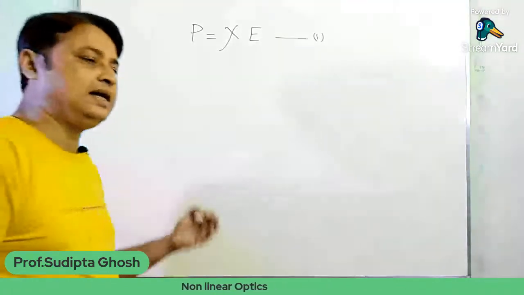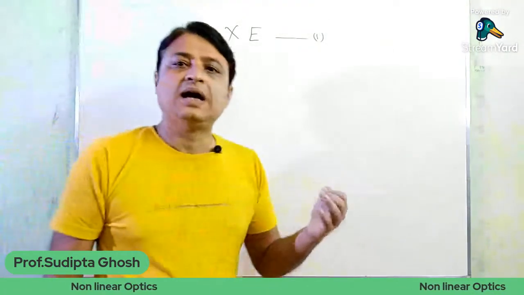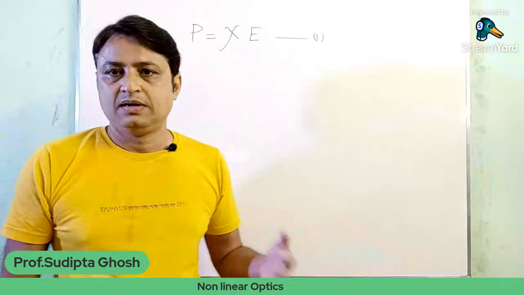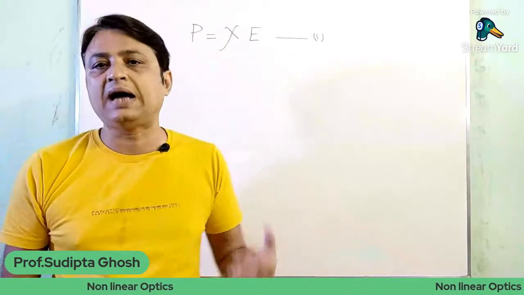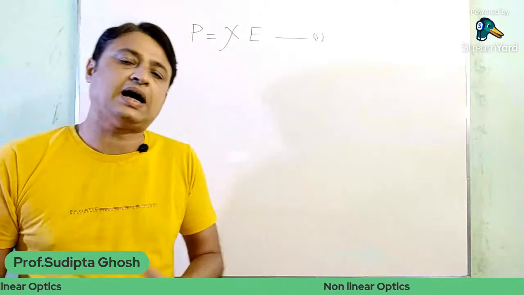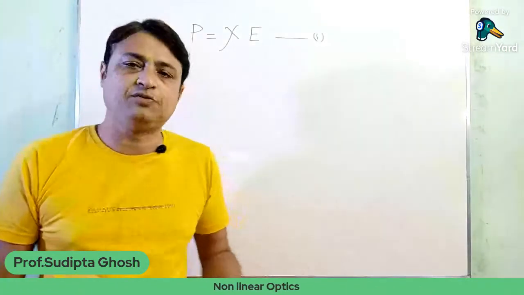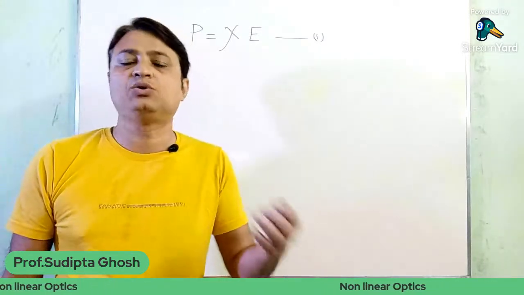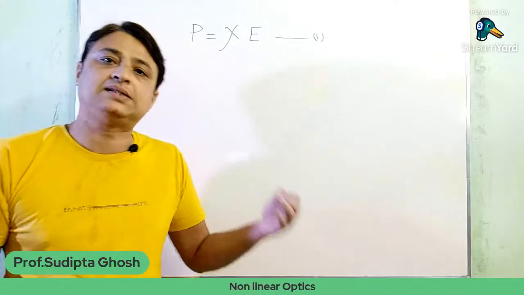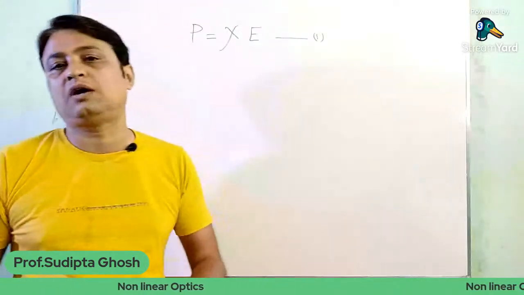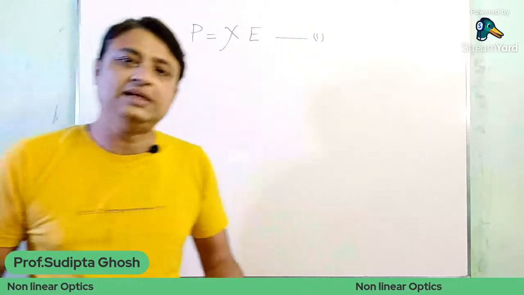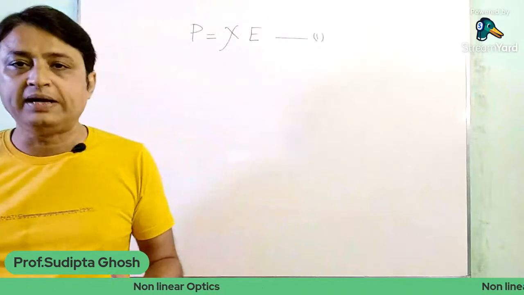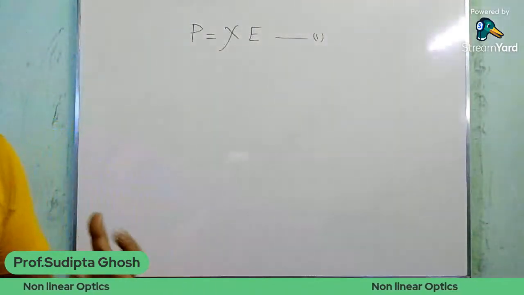So after the invention of the laser, laser means a highly intense electric field or a highly intense optical source, as we know, and the order of the intensity is 10 to the power 8 to 10 to the power 10 volts per centimeter. And this amount of electric field intensity is comparable to the domain of the atoms in the metal.